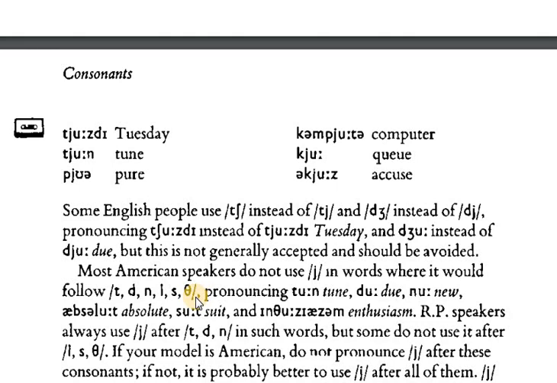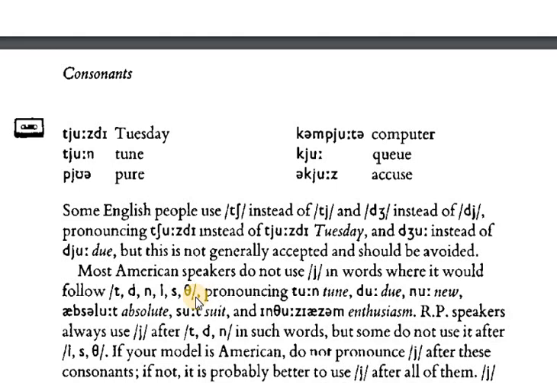So the word tune is pronounced toon, due as doo, new as noo, absolute as absoloot, suit as soot, enthusiasm as enthoosiasm.